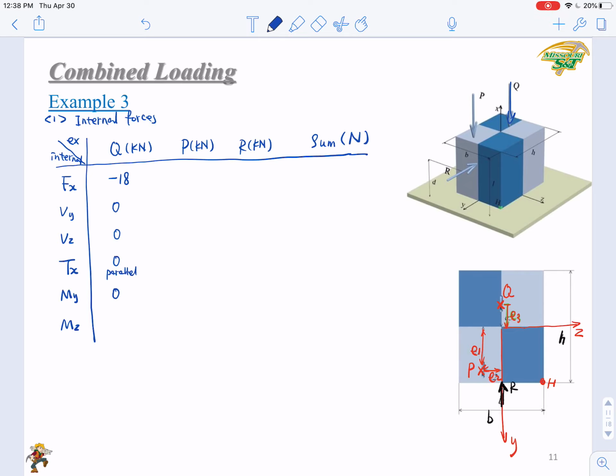Yes, right? So the value will be QE3, the distance from it to the z-axis will be E3, the arm, right? So here you will have Q times E3. Right, so that would be 18 times 55.